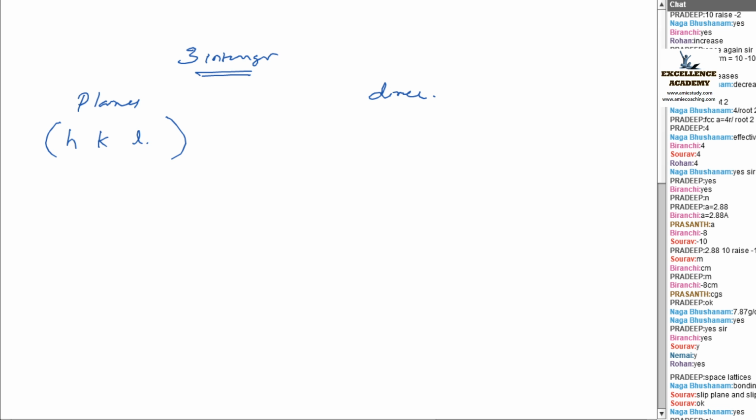In the case of a direction, it is represented by square brackets, [h k l]. They will not write the word direction or plane. We have to understand it with the help of these brackets. If it is a curvy bracket, that is for a plane. If it is a square bracket, that is for a direction. Clear?